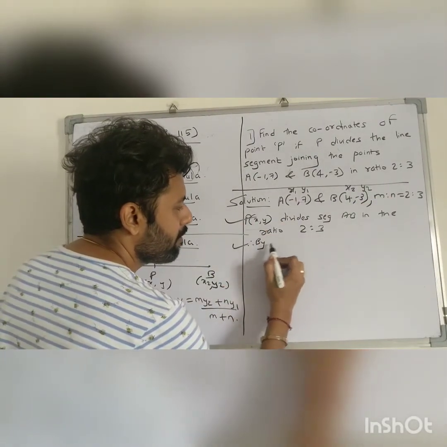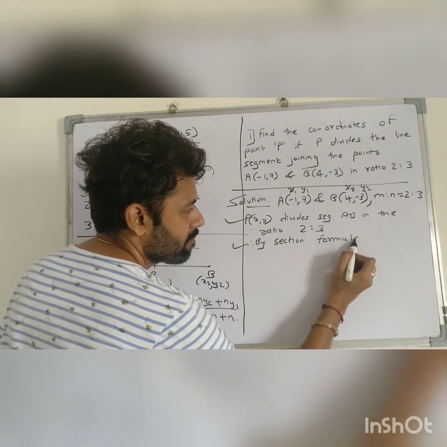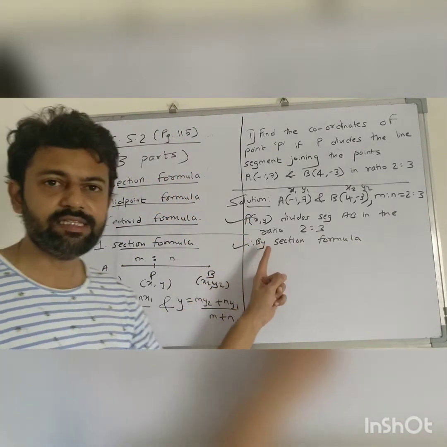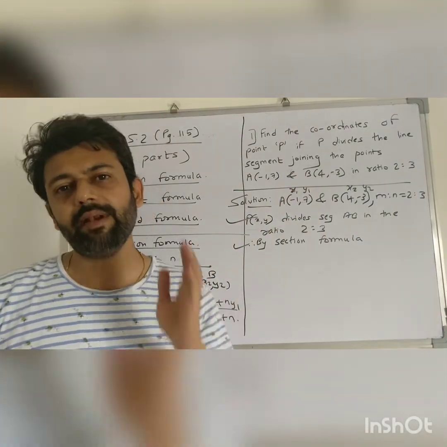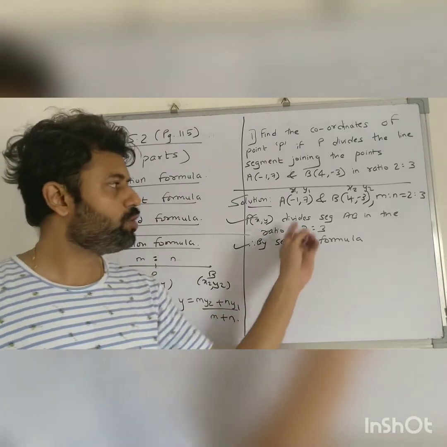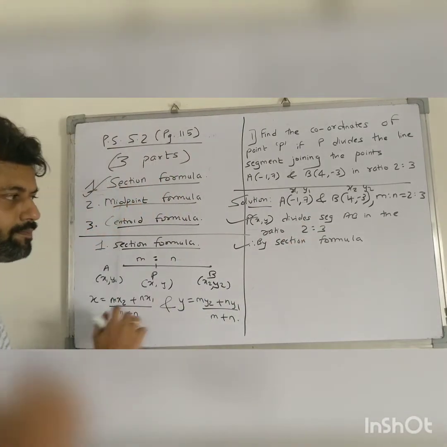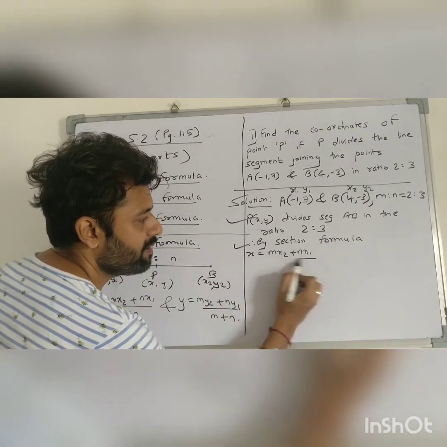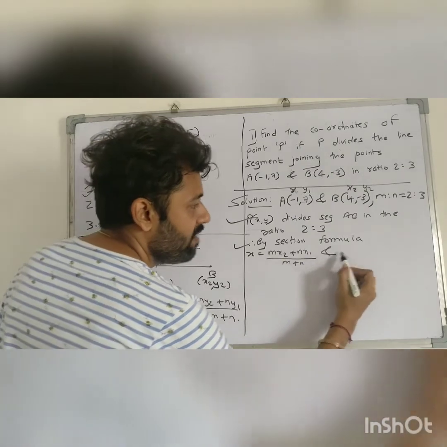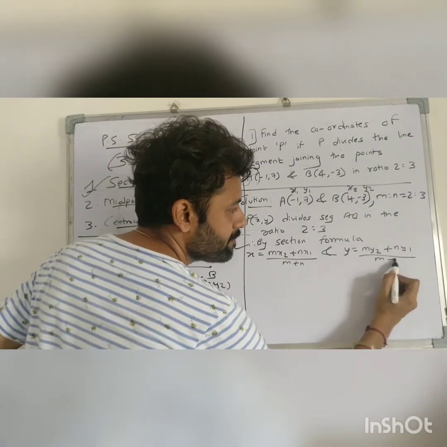Therefore, by section formula, remember these two lines, P (x, y) divides segment AB in the ratio 2:3. Therefore, by section formula, we write the formula x equals mx2 plus nx1 upon m plus n, and y equals my2 plus ny1 upon m plus n.